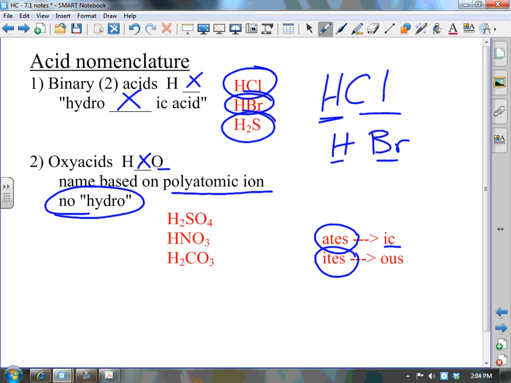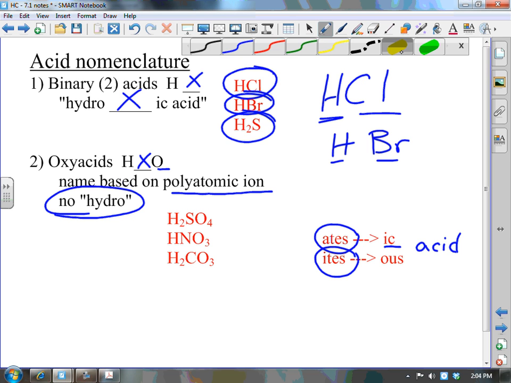Anything that's an ite becomes an OUS. And then we add the word acid. So if we see here SO4, SO4 we know is sulfate. Sulfate in an acid, sulfuric. NO3, nitrate. Nitrate in an acid, nitric, and so on.